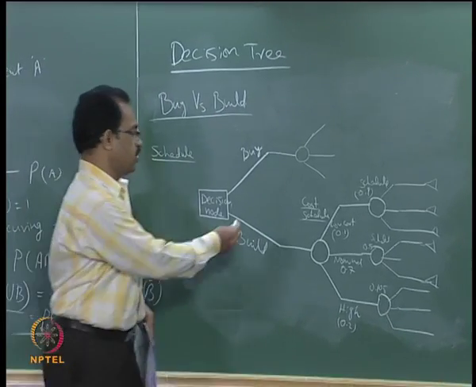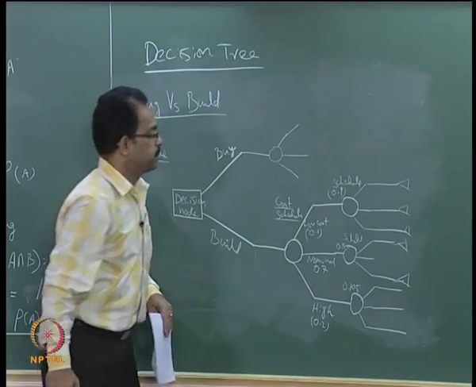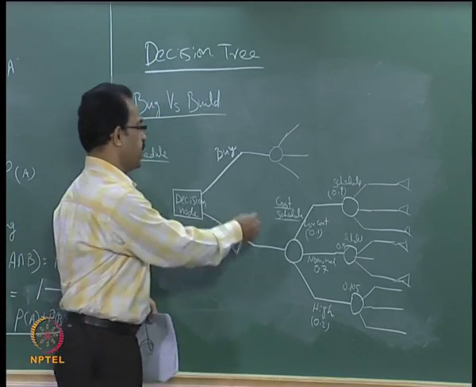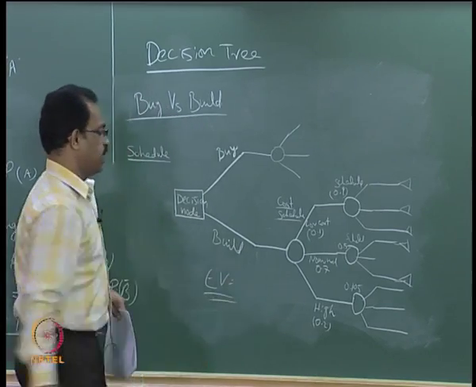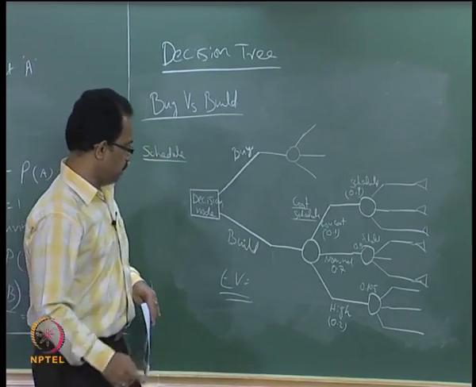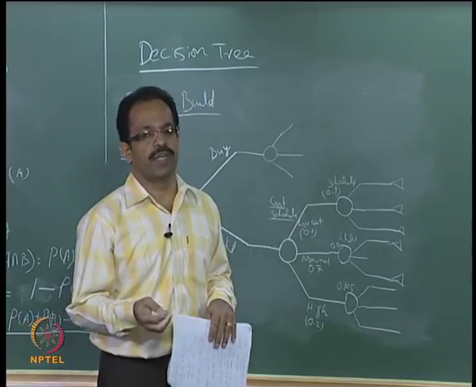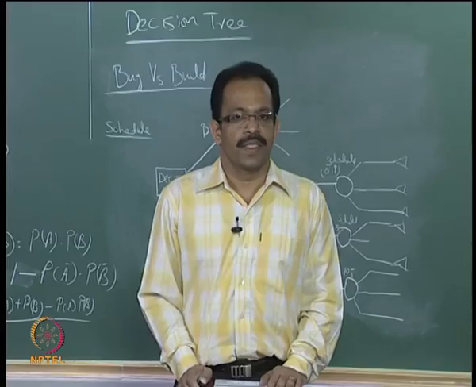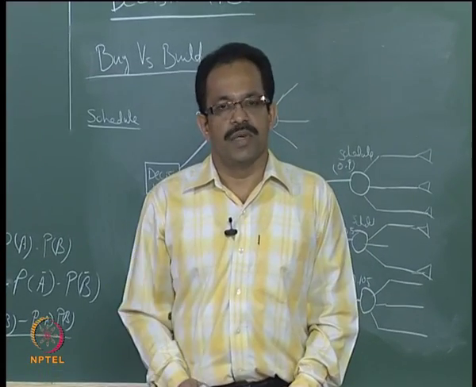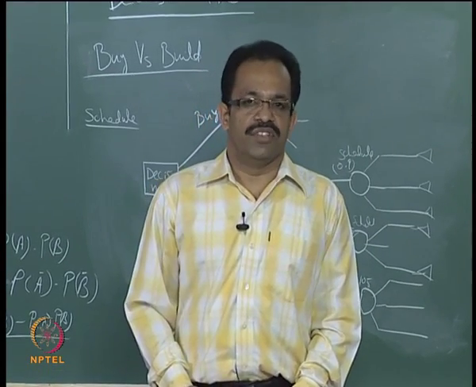So this is how we can create the decision trees and then analyze the expected value of each decision, and once you have these expected values, we can find out the actual utility of that particular decision, and based on that we can take the decision. So these are some of the methods by which we can make decisions.